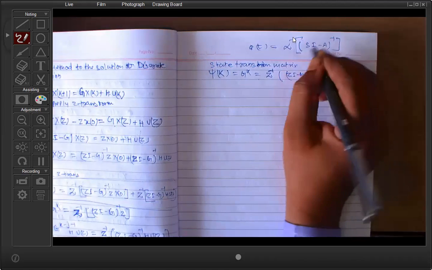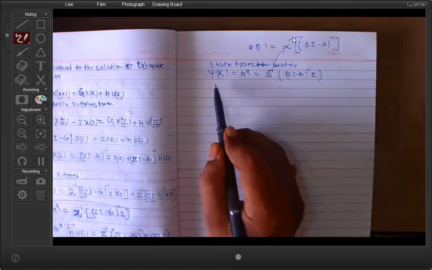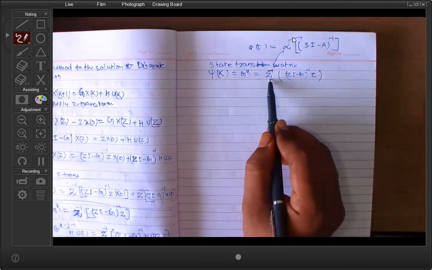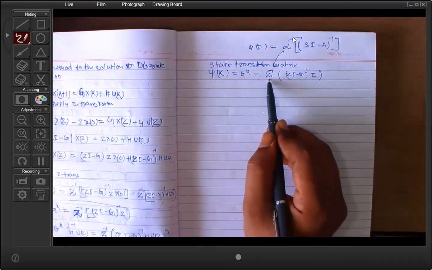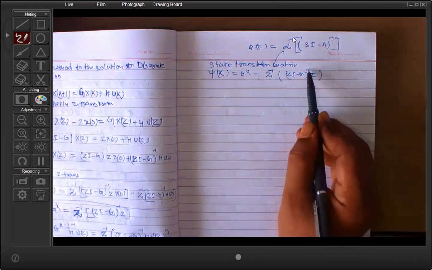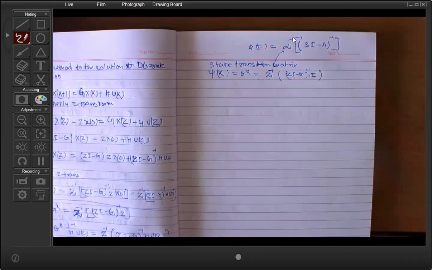Yes or no? So if you compare with the discrete time system, the state transition matrix is equal to the inverse Z transform of (ZI minus G) to the power minus 1 into Z. What is I? I is a unity matrix. There is one extra term in the discrete time system, which is Z. Am I audible to you?